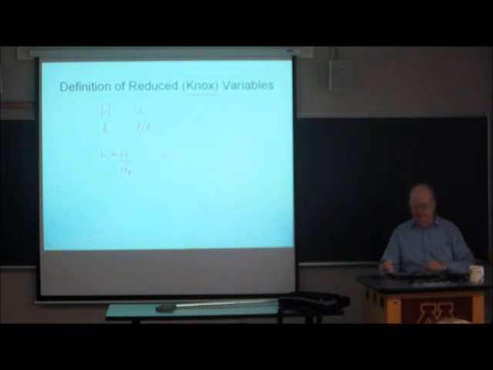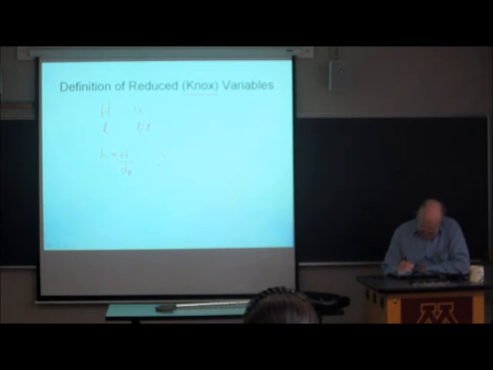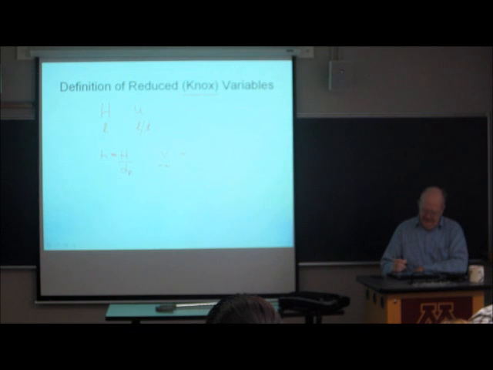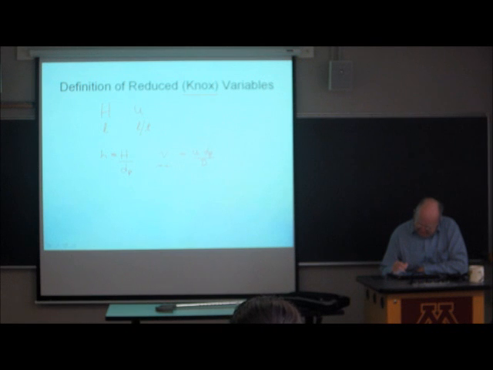The reduced velocity, which is always written as a Greek nu, again, for a column that's packed with particles, is defined as the velocity times the particle diameter divided by the diffusion coefficient of the solute in the mobile phase, big D sub m.